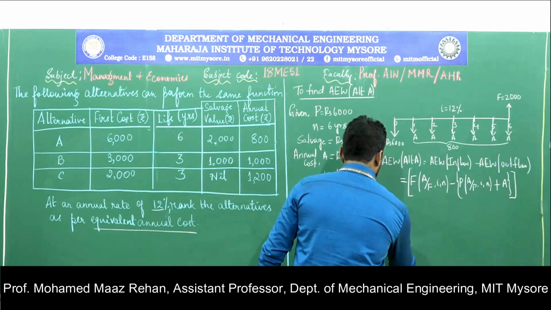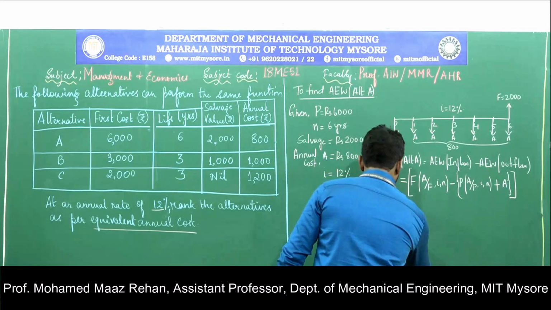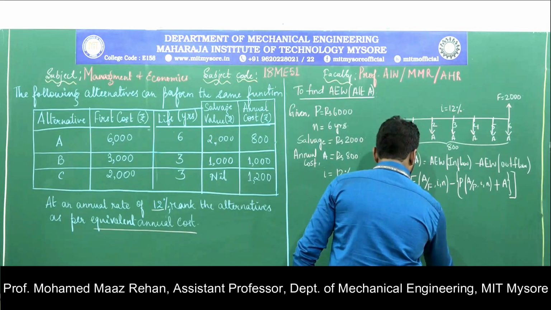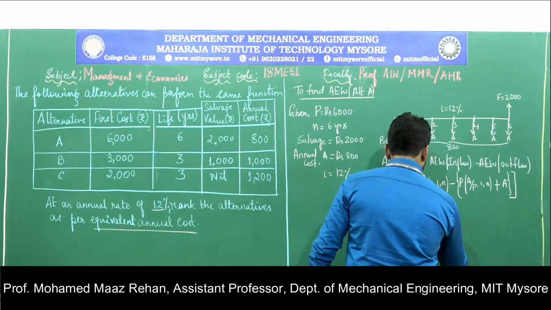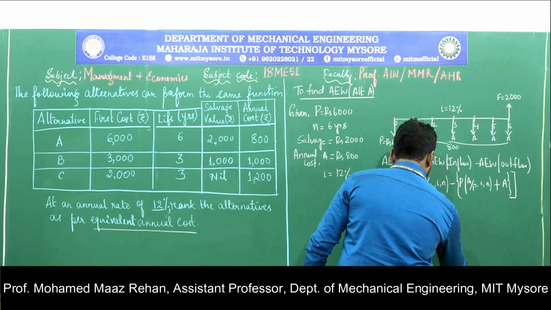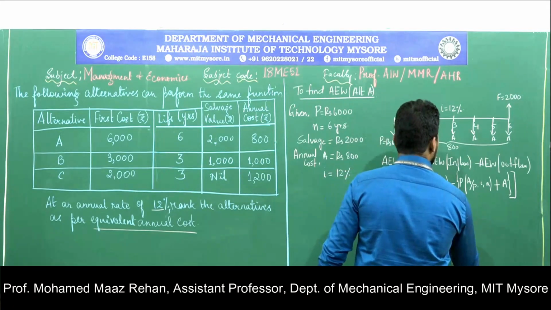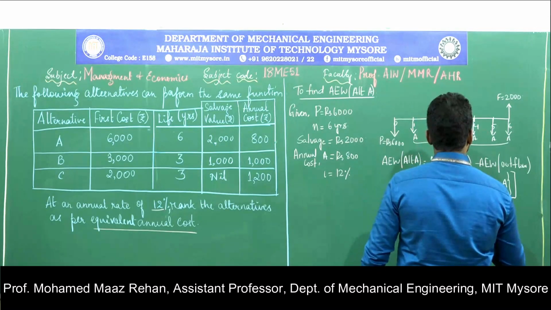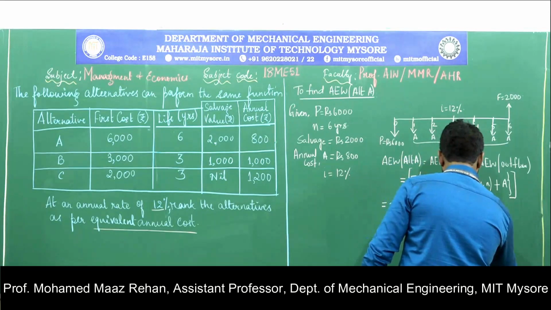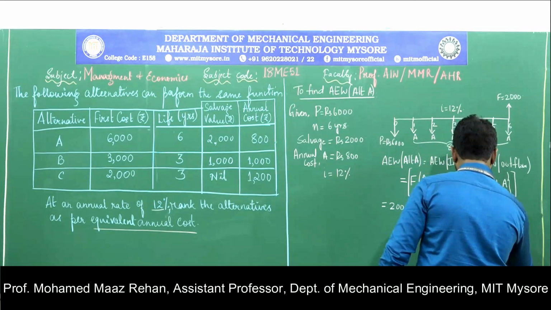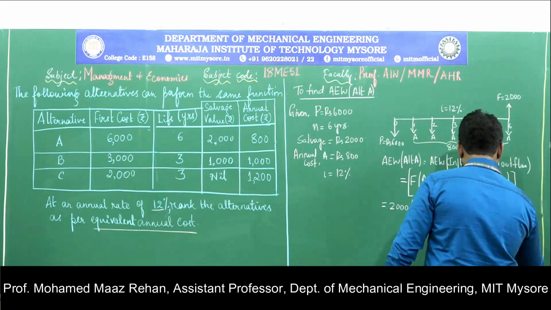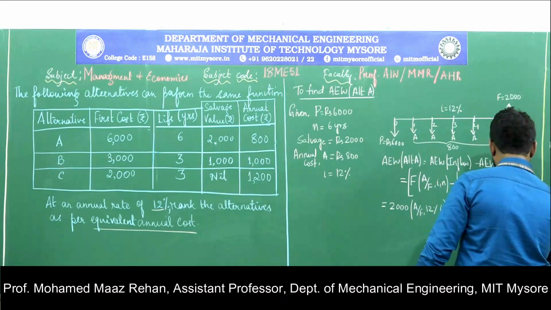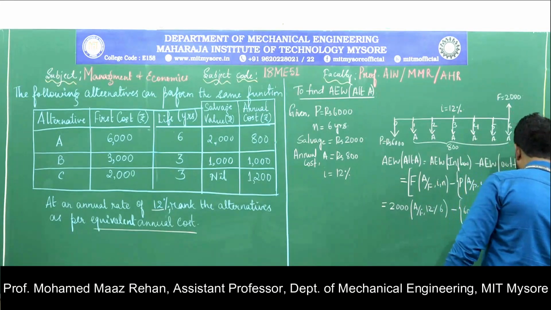So F is how much? 2,000, into (A/F, 12%, 6), minus P, which is 6,000, into (A/P, 12%, 6), plus A, which is 800.